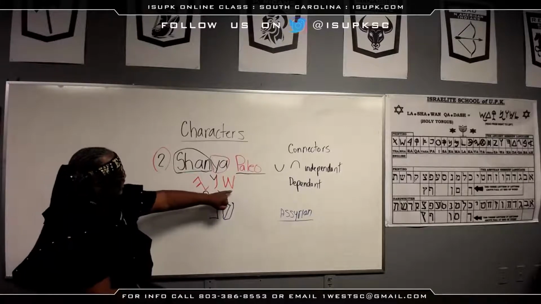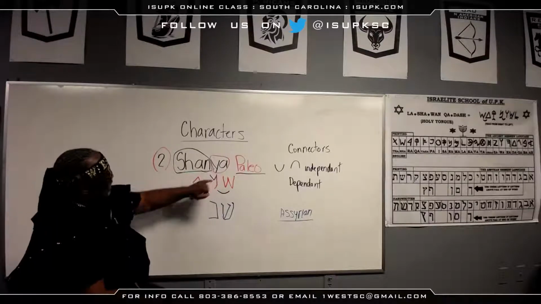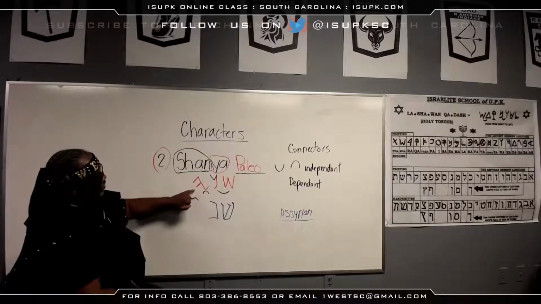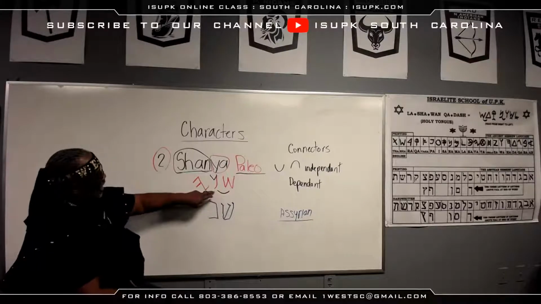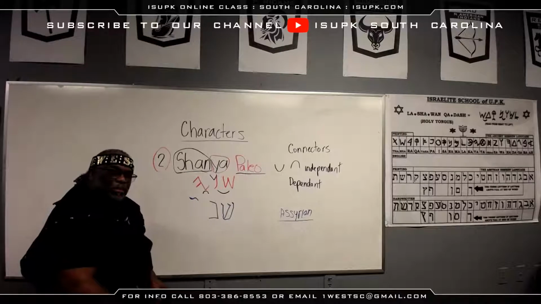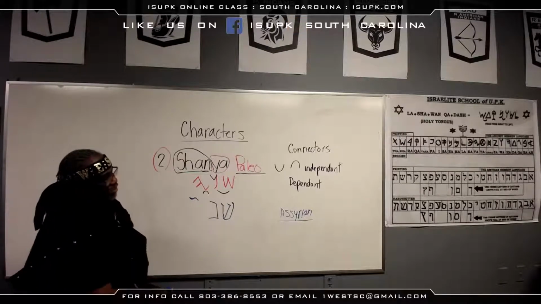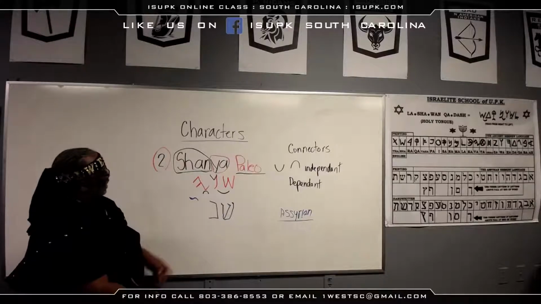So you want a dependent connector with the sha and the na. Then you want the ya to be independently connected by itself, sitting over here by itself. So you want to say shan ya. Okay? You understand? Say Khan or give me something, let me know. But that's how you write Shanya.